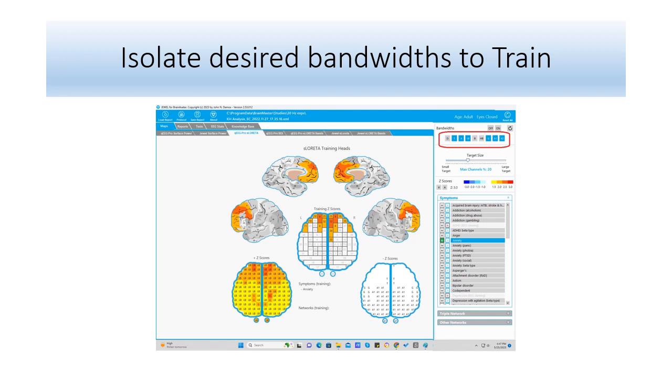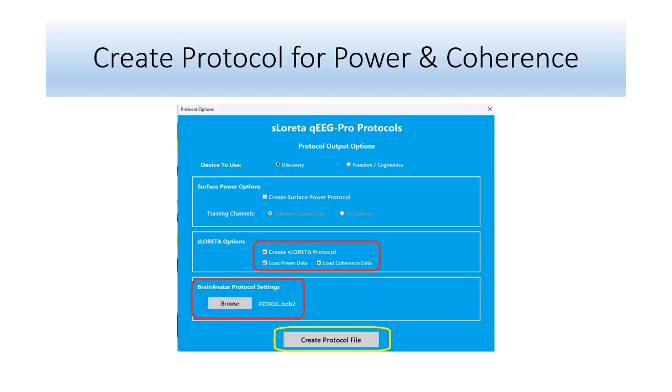Not only can we reduce it to 20%, but we also can deselect bands that we do not wish to train. For example, I deselected delta, I deselected beta and high beta. Now these are just arbitrary choices for our example, but these have been chosen and will be reflected in the protocol that we're about to make. Next, we open up the Joule sLORETA QEEG Pro Protocol tab.